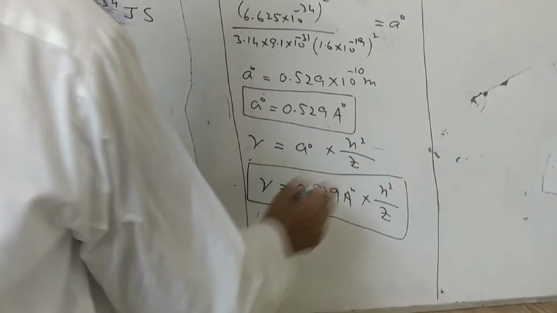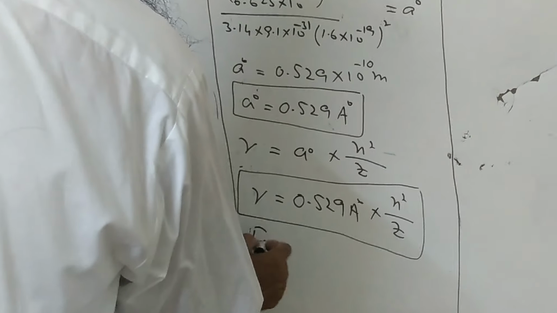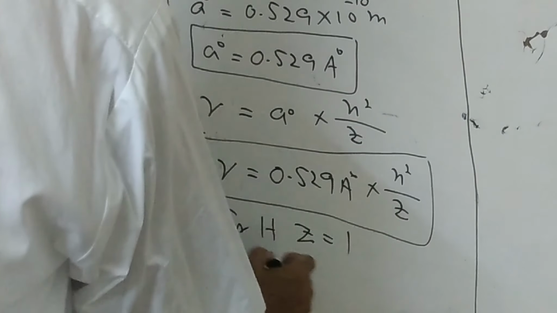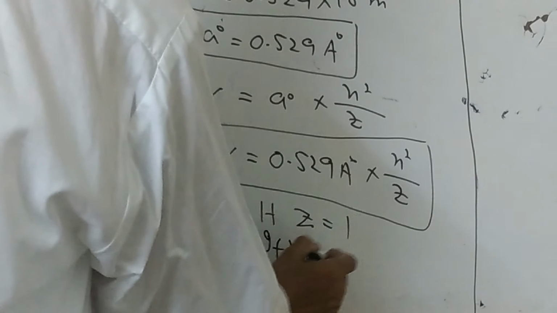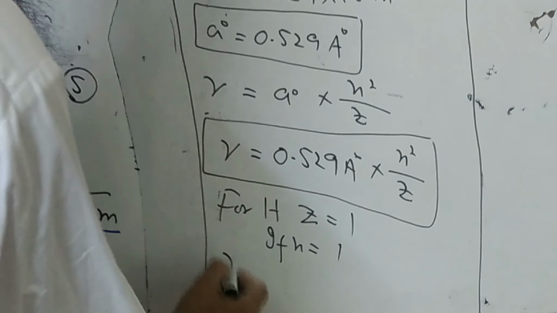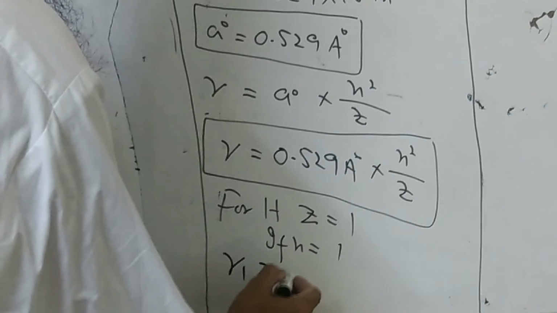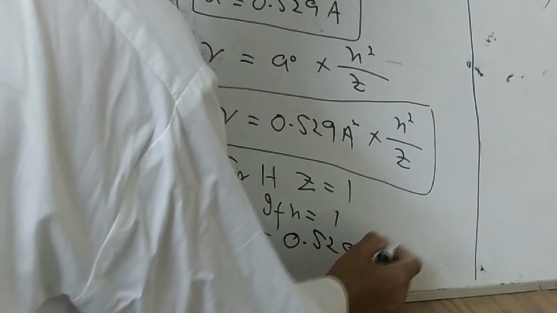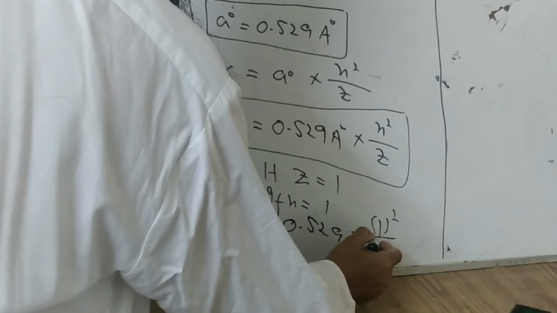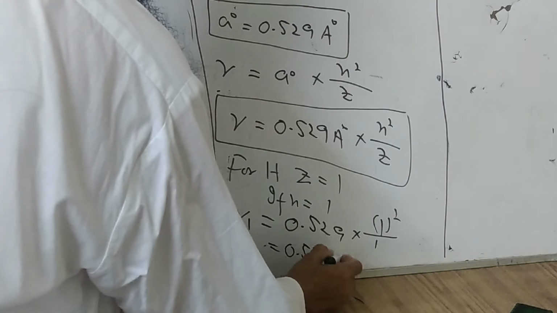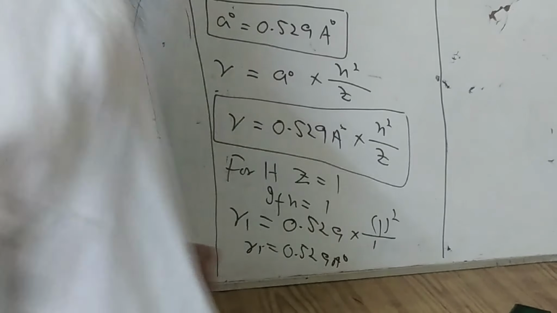For example, for hydrogen, z is equal to 1, the atomic number, and if n is equal to 1, then R1 is equal to 0.529 multiplied by 1 square over 1. This is equal to 0.529 angstrom. This is the first radius.